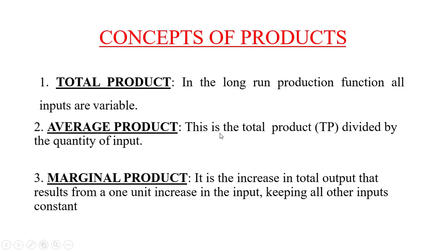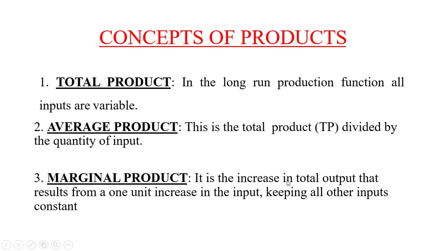Average product. Now this is the total product divided by the quantity of input. Whatever total product you will get, let's take for example, two labor, two capital you are taking, right? Two labor, two capital means two machines you are taking, the combination of these two. So whatever the combination of these two divided by the quantity of input, it will give you the average product. Now what is marginal product?